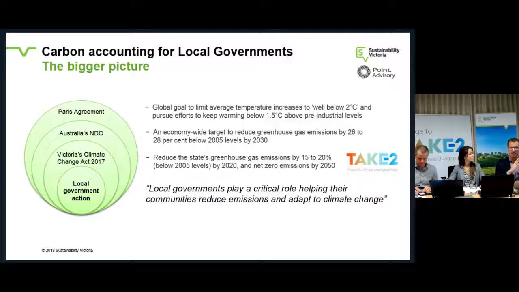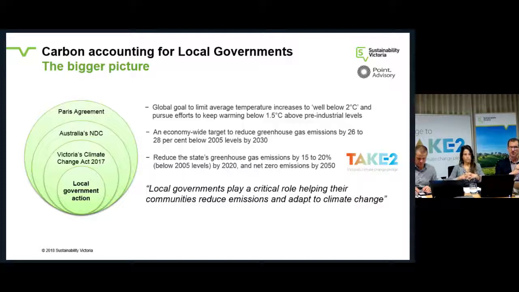So then, partly in response to Paris, but certainly in response to that need to limit temperature increases to 2 degrees, Victoria signed into action the Climate Change Act in 2017, last year. And the crux of this act is really a legislated net zero emissions target by 2050 for the entire state of Victoria.